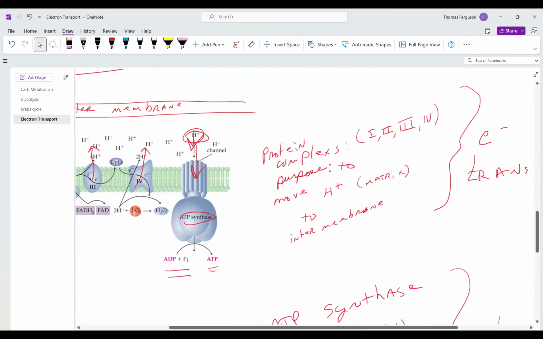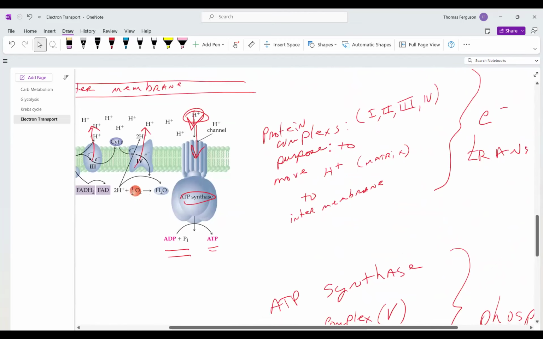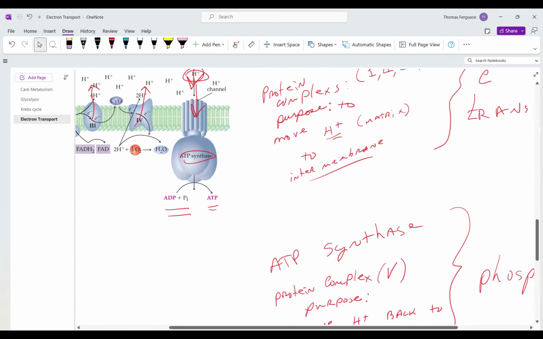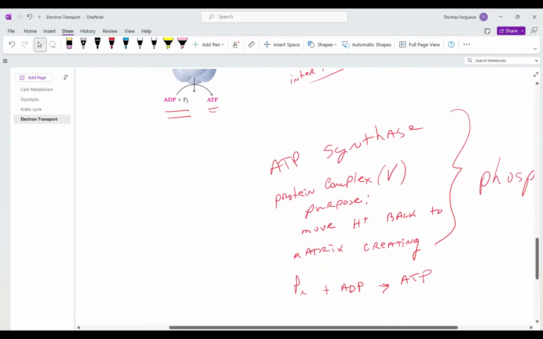Okay, so these protein complexes, their purpose is to move H pluses from the matrix to the intermembrane space. That's their purpose. The ATP synthase complex purpose is to move the H's back to the matrix.